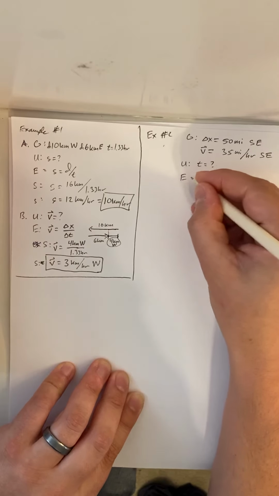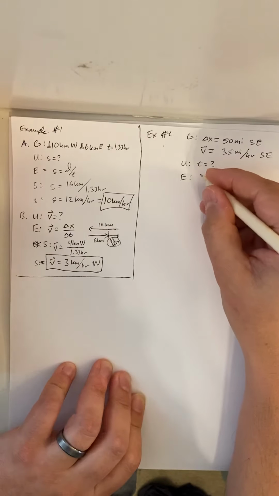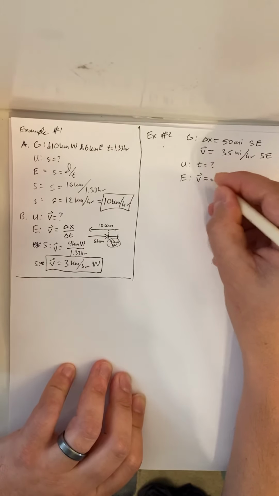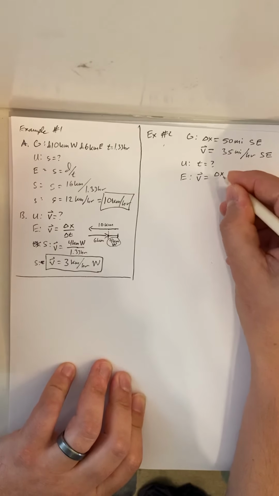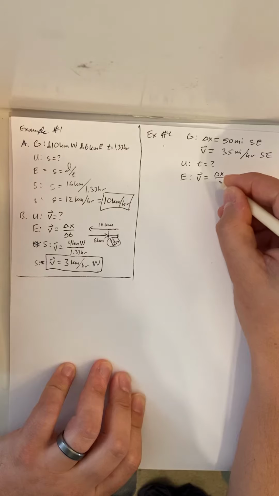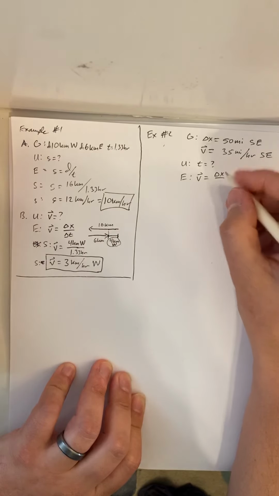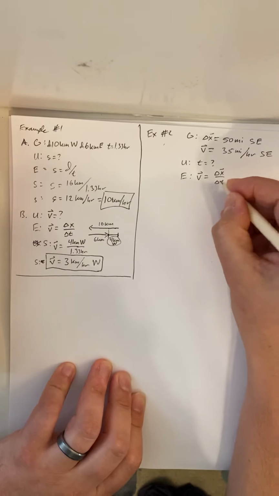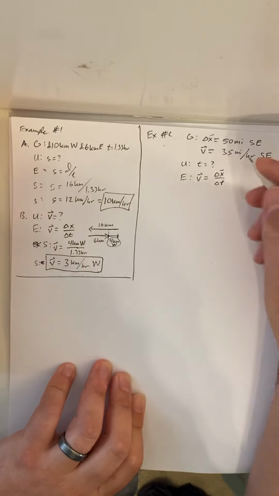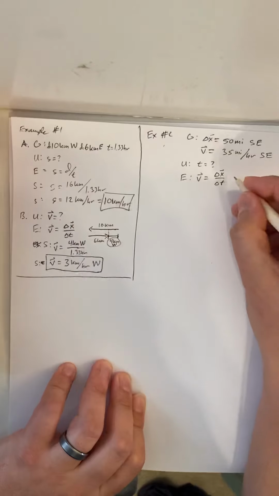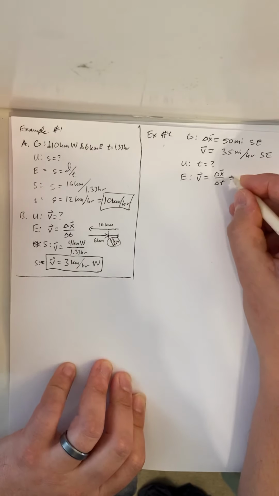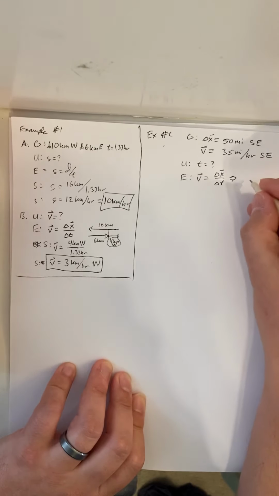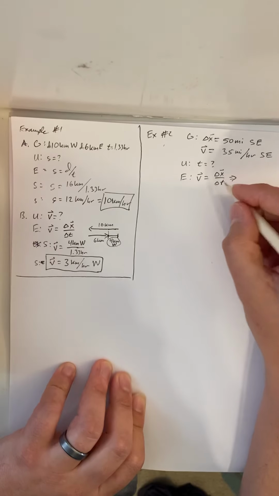Okay, so equation to do this. So we know that velocity is equal to displacement over, what do you call it? Displacement over time. And so we can rewrite this for time by switching the places of these two things.